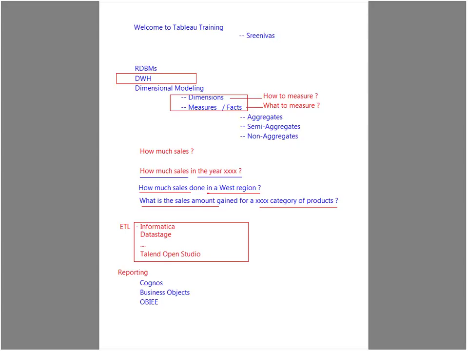Various types of reporting tools are available. These reporting tools nowadays are being transformed into visualization tools. So these days they are called visualization tools, or visual analytical tools.